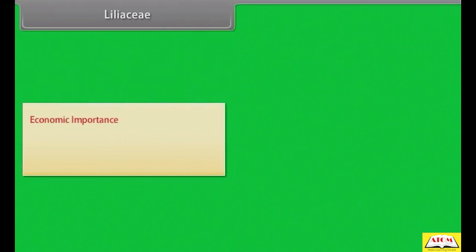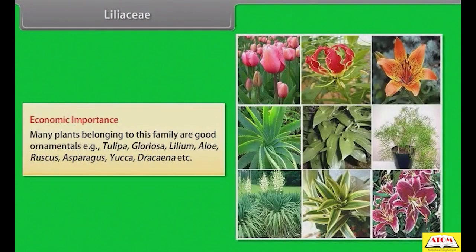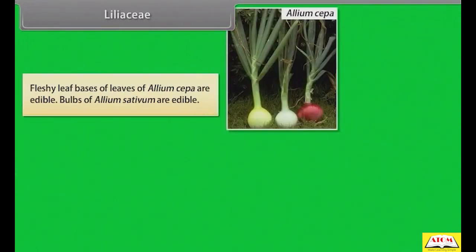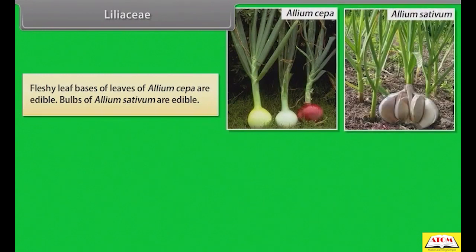Economic importance. Many plants belonging to this family are good ornamentals, for example Tulipa, Gloriosa, Lilium, Aloe, Ruscus, Asparagus, Yucca, Dracaena, etc. Fleshy leaf bases of Allium cepa are edible. Bulbs of Allium sativum are edible.